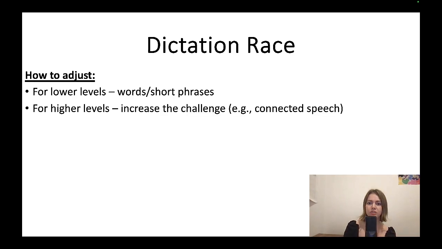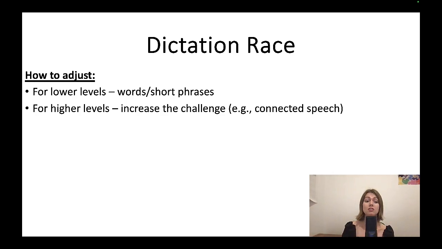For higher levels, you could increase the challenge, and then you can only go so far with difficult grammar and all that. So you might want to incorporate other things like connected speech features in the sentences that you include. You could just sneak in some things that you've recently discussed, like intrusive sounds or elision or whatever you've spoken about with them recently.